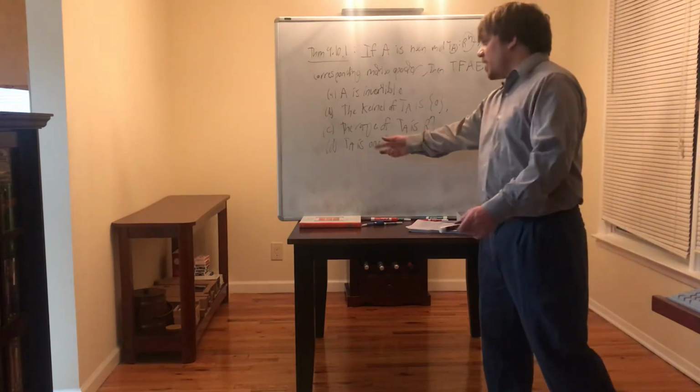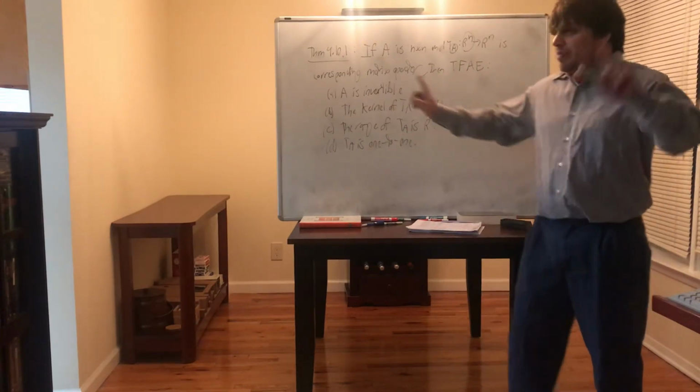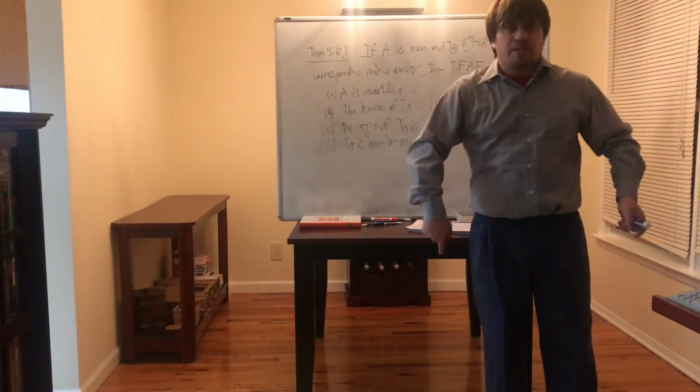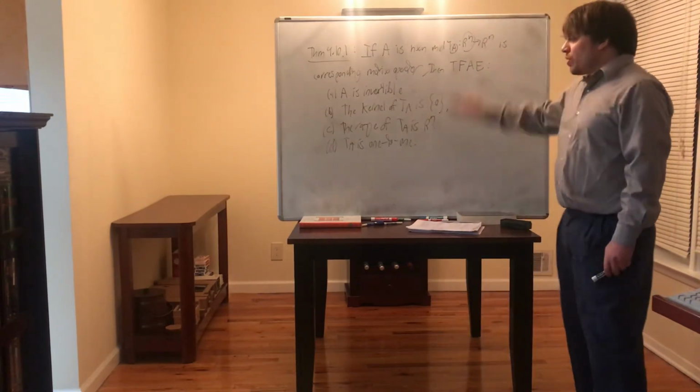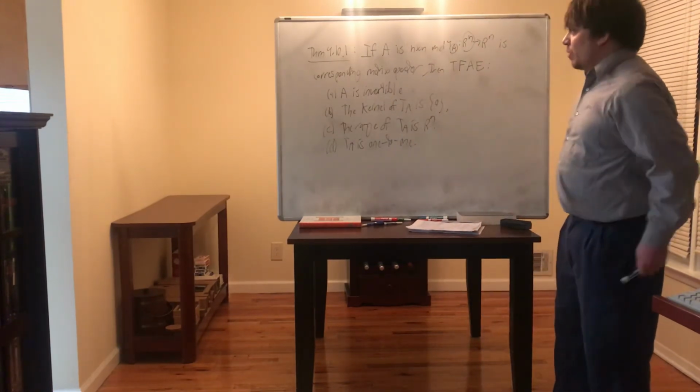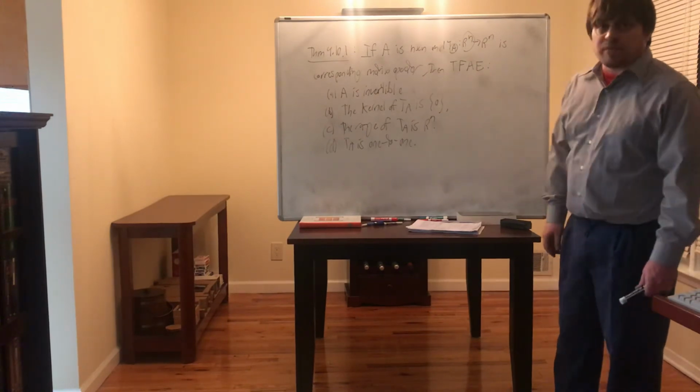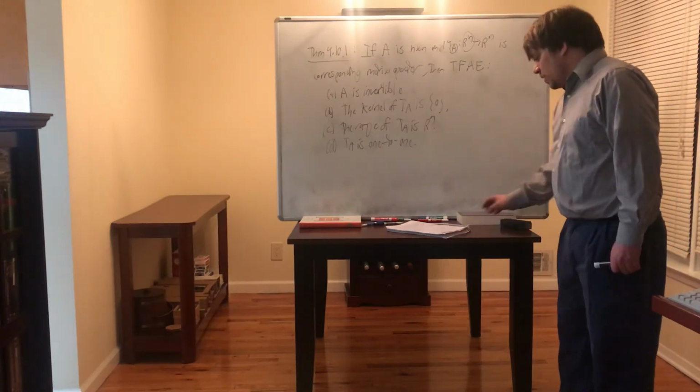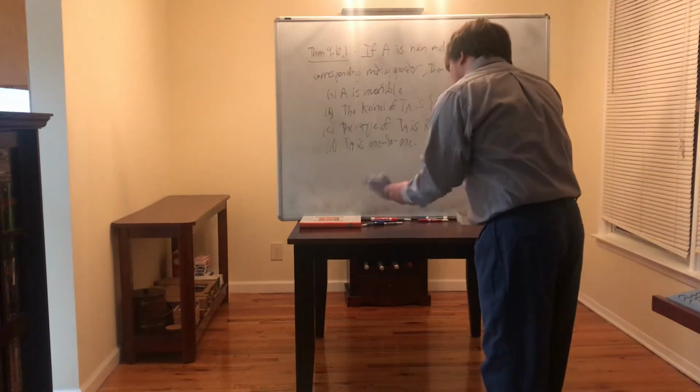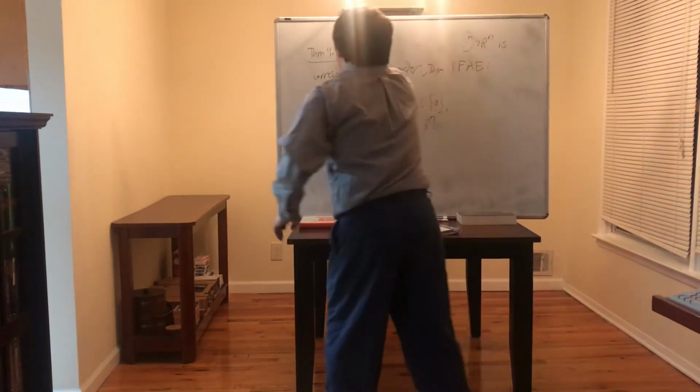And D, again, says T sub A is 1 to 1, meaning it takes two distinct vectors to two distinct vectors. And so those four statements are equivalent with those conditions. That's what that theorem says. Okay, and now one example, and then we're done with chapter 4.